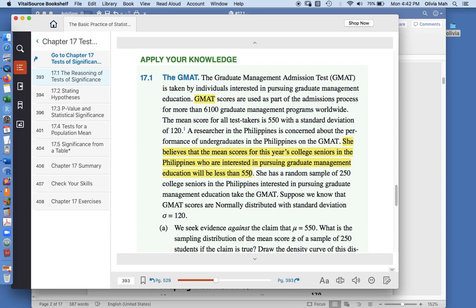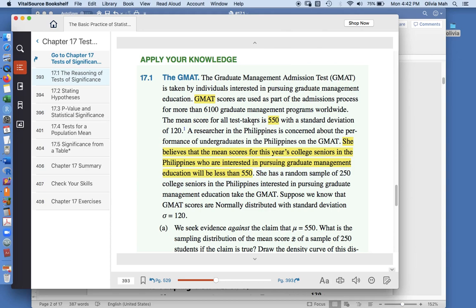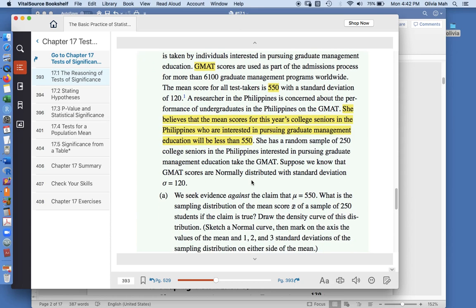So she's challenging the assumption of 550. But she thinks it should be less than 550 in the Philippines. So what does she do? She'll go and collect a sample of 250 students and figure out the sample mean.